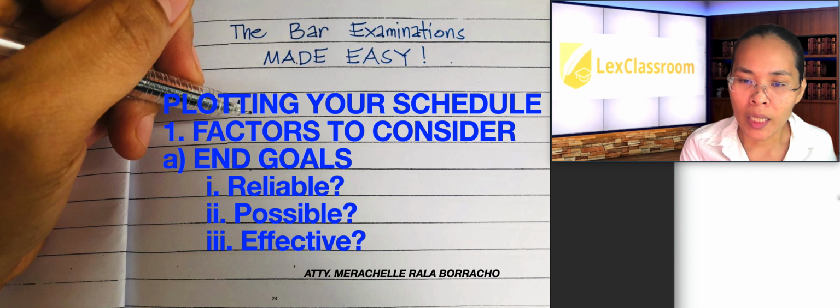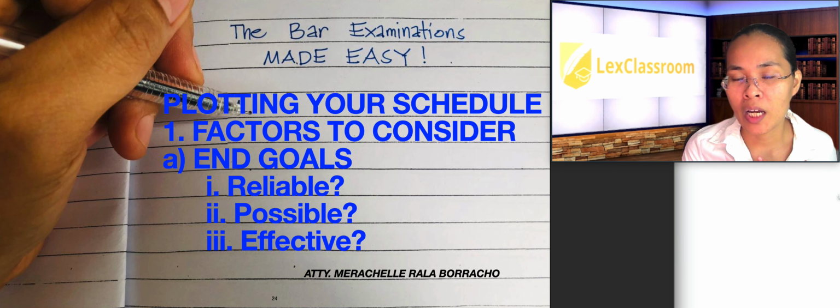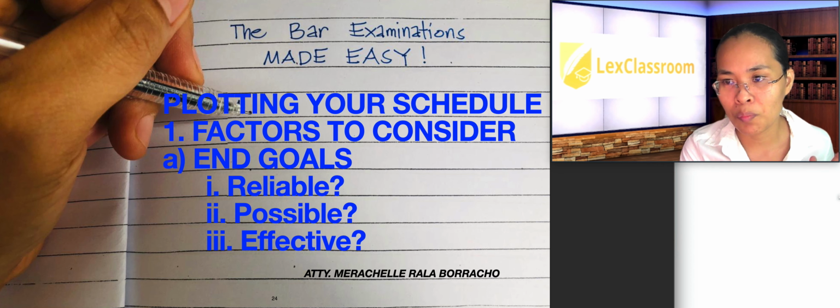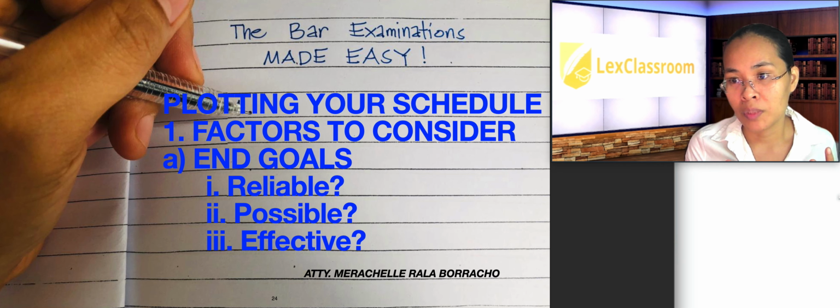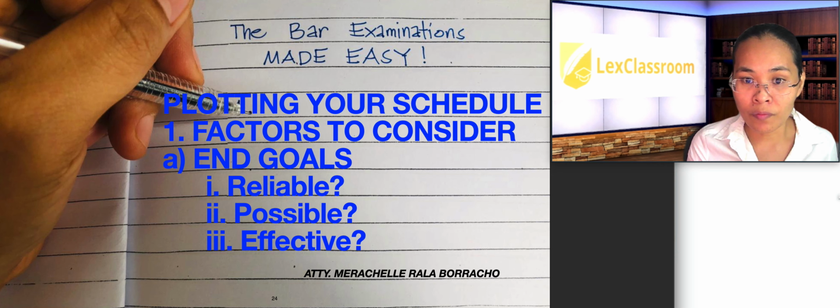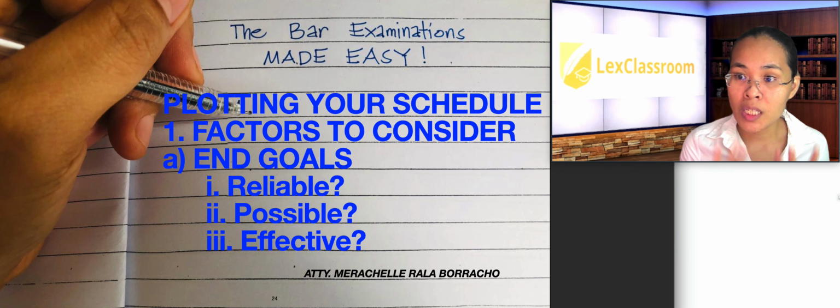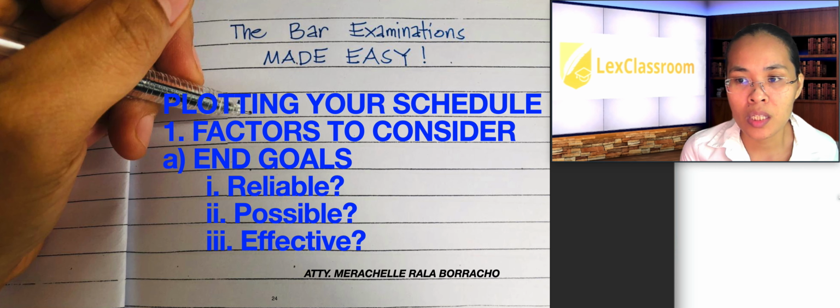So I said to myself, since my undergraduate is political science, I only need like 10% of my time during the whole stretch of the bar review just for political law. But the big chunk of it was focused on taxation law. And my efforts were not useless because one of my highest grades is taxation law.